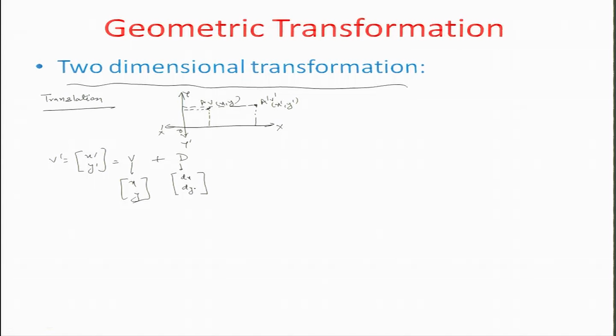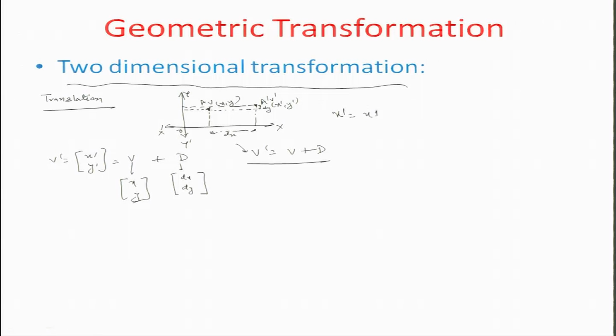So, let us say this point is moved by distances dx and dy in the x and y directions, which means that this right here is dy, and similarly this right here is dx. So, I have a vector equation now, v dash equals v plus d, which shows the effect of translation on the point vector v, which is point A, when it translates to the vector v dash, point A dash. This is a very simple way of expressing translation.